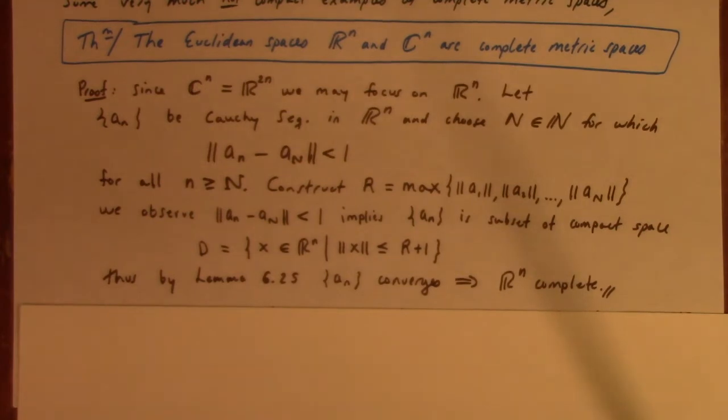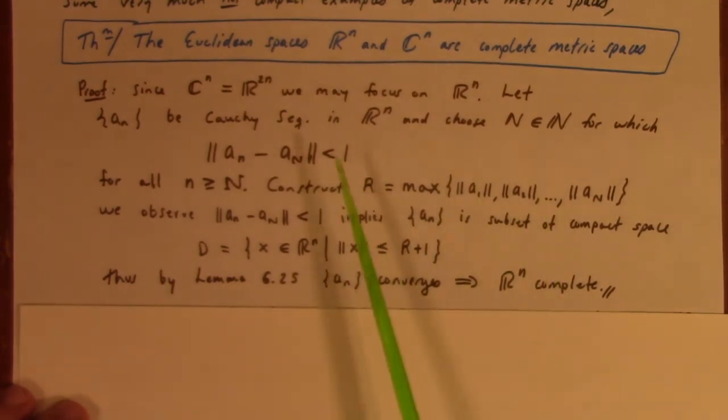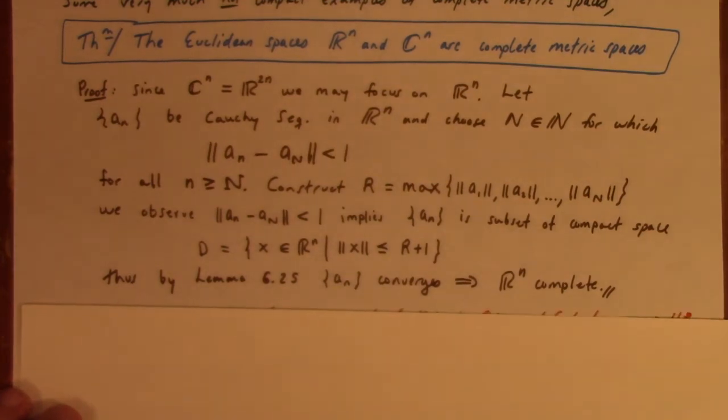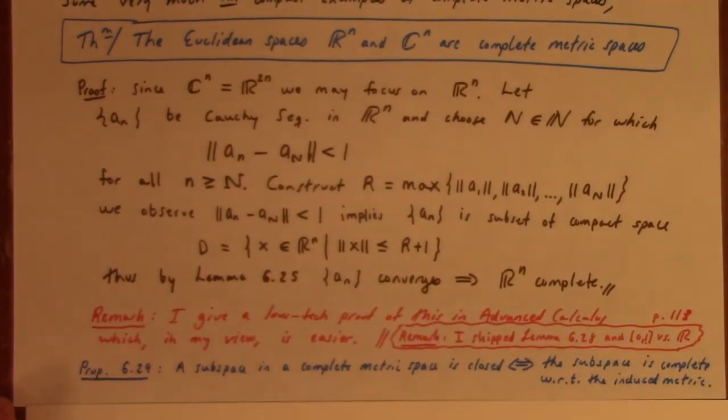So, like we said, a Cauchy sequence in a sequentially compact metric space converges, so you get the sequential compactness inside D. And so that implies then that Rn is complete because we just took an arbitrary Cauchy sequence and we showed that it converges, right?